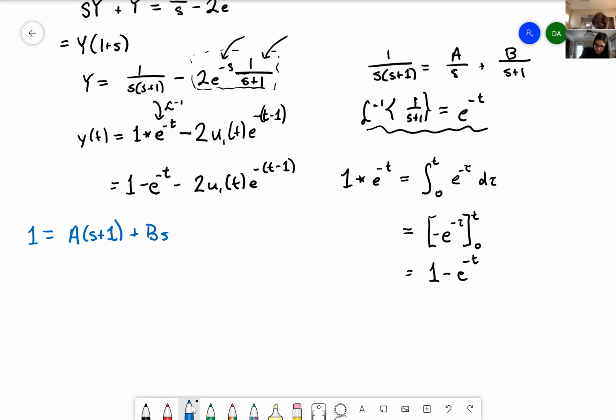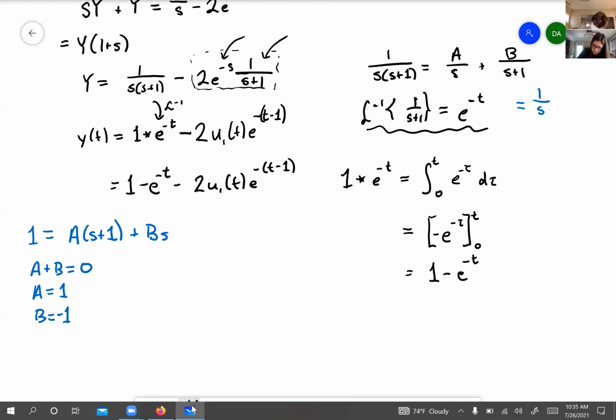So let's try this out. A plus B equals 0. And then, well, A equals 1, so B equals negative 1. So what we get is that this is equal to 1 over s minus 1 over s plus 1.